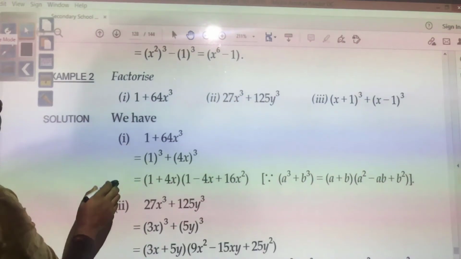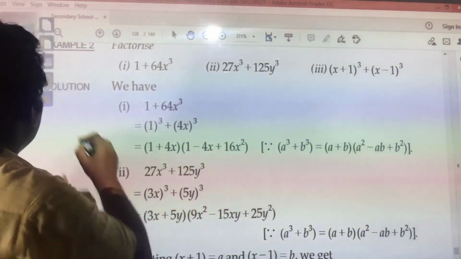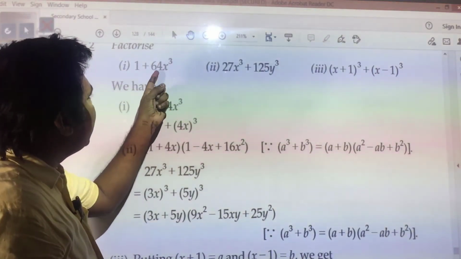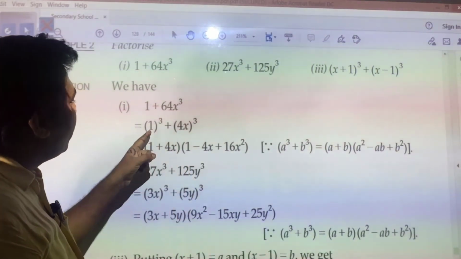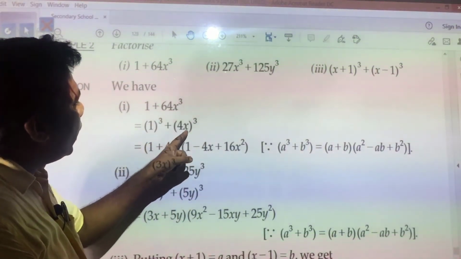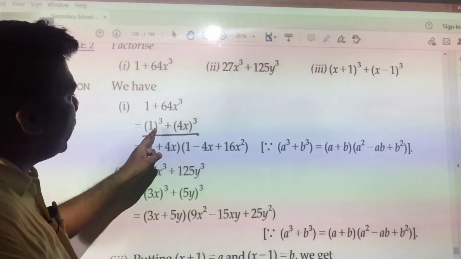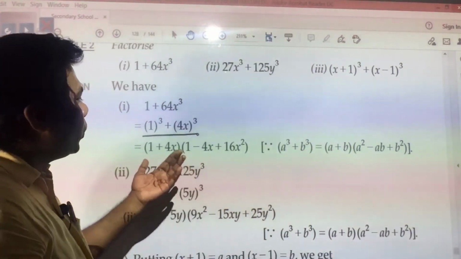Next, you see 1 plus 64 x cube. Again this can be written using the formula: 64 can be written as 4 cube, so we will have 1 cube plus 4x whole cube. This is in the form of the formula a cube plus b cube, or x cube plus y cube, as you remember.